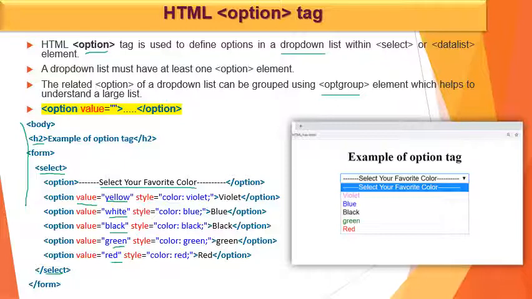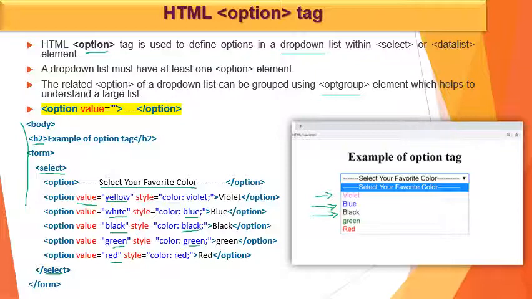What is the style of that? The color which is specified, colon violet, will be displayed as violet in the example output. The blue color, colon blue, is also displayed in our output. The third color, which is black, is also displayed in our output.